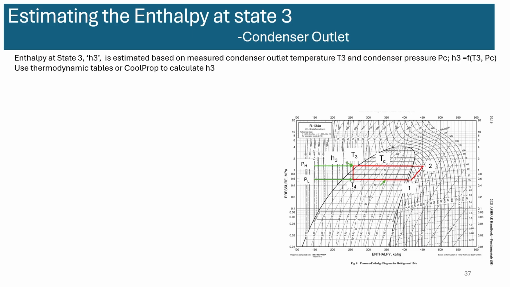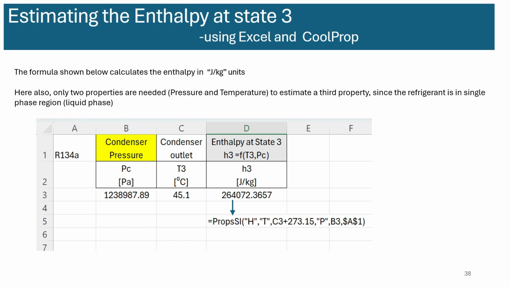So the calculation looks something like this. The condenser pressure and the condenser outlet temperature will be used to estimate H3, again in joules per kilogram. So that's state 3.